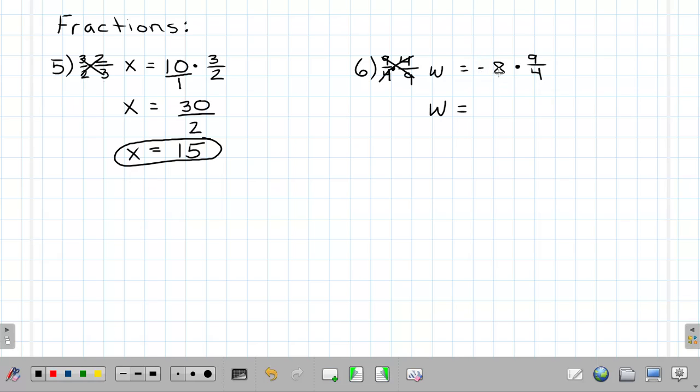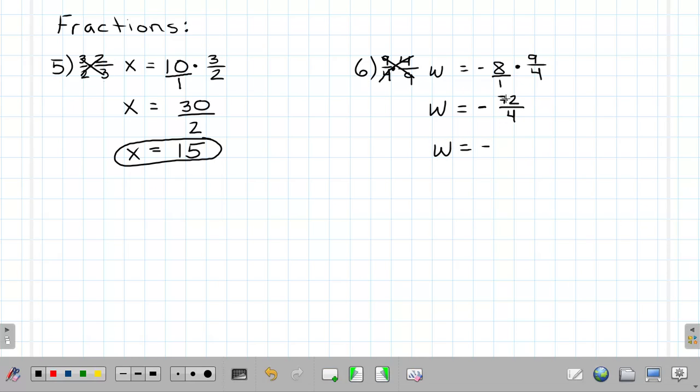Here we've got a negative times a positive, so we know our answer is going to be negative. And then we have the same kind of thing here. We need to put our 8 over 1, so 8 times 9 is 72 over 1 times 4, which is 4. And don't forget, we have this negative out here, but I've already taken care of it here. So we know negative times a positive is a negative. 8 times 9, 72. 1 times 4, 4. And then all we need to do is simplify this fraction.